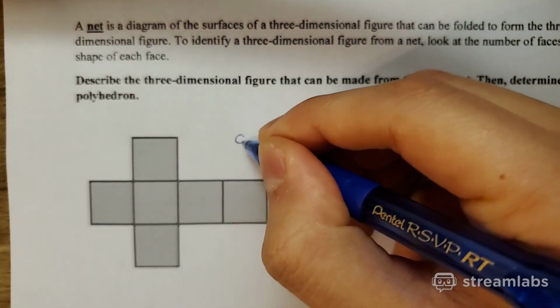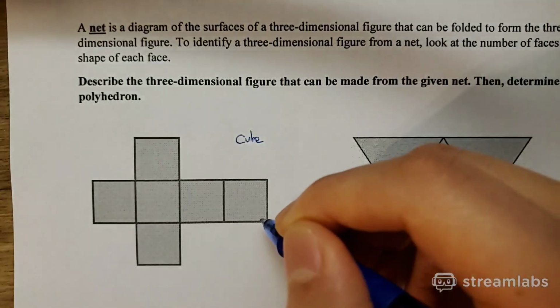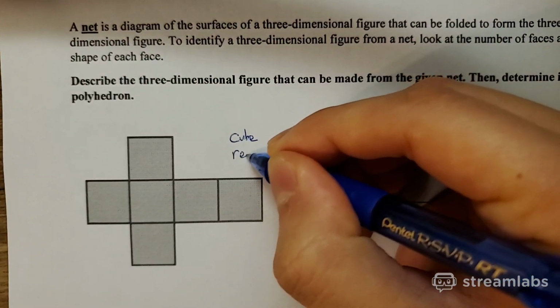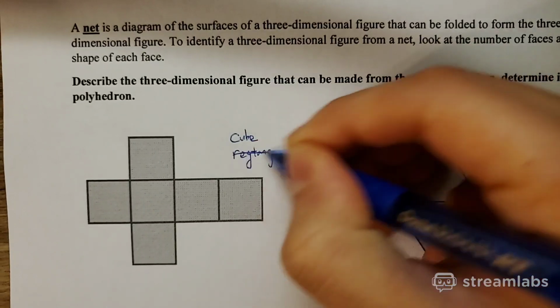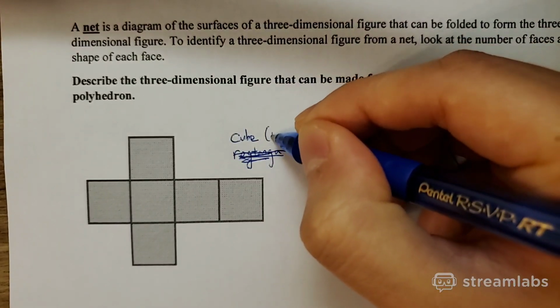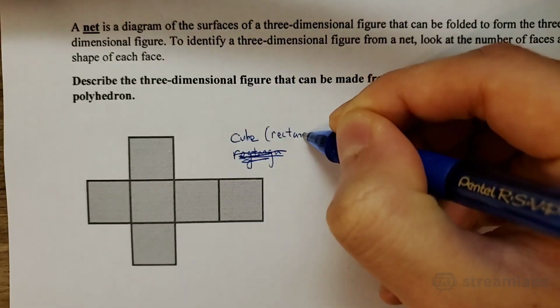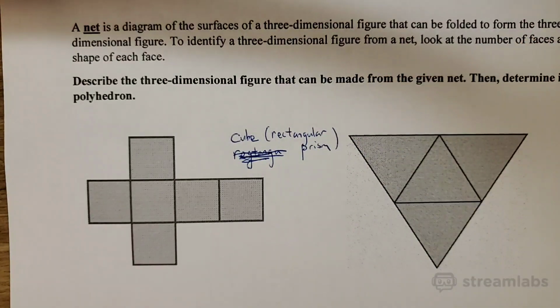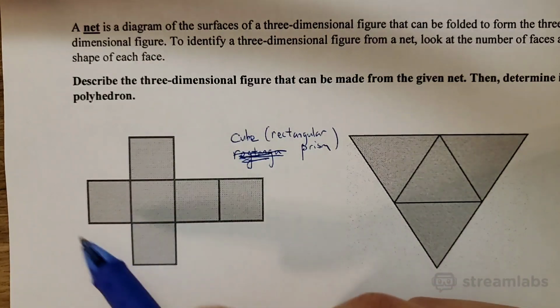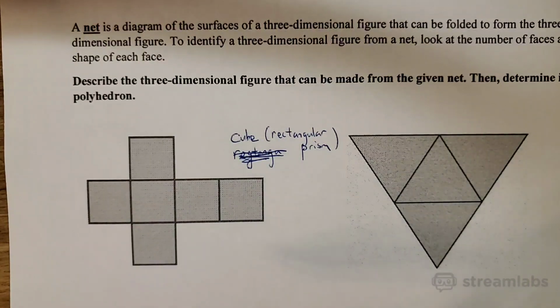Or if you want to, it's a rectangular prism. Either way, okay? And you can tell because this is a typical shape.